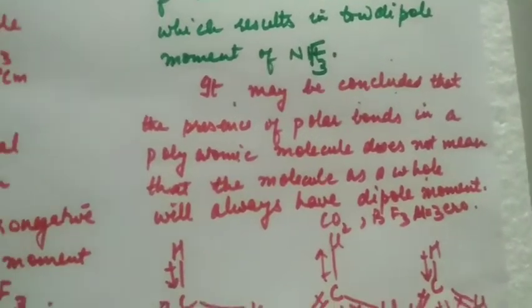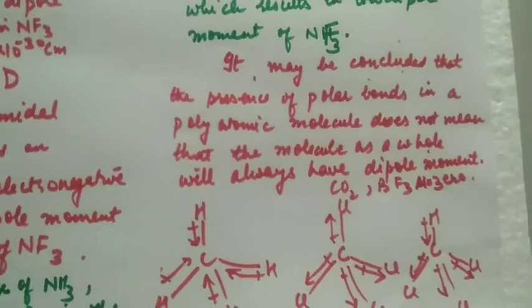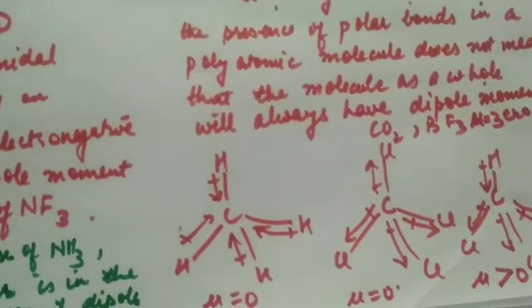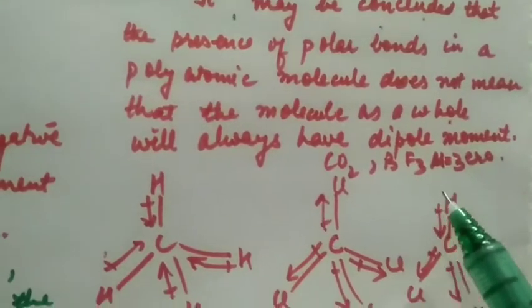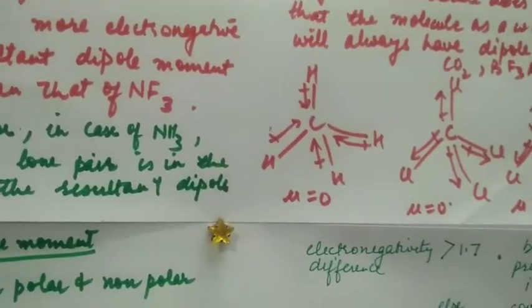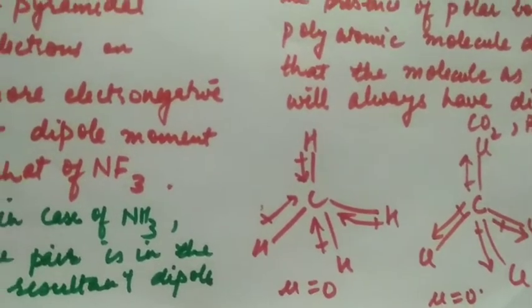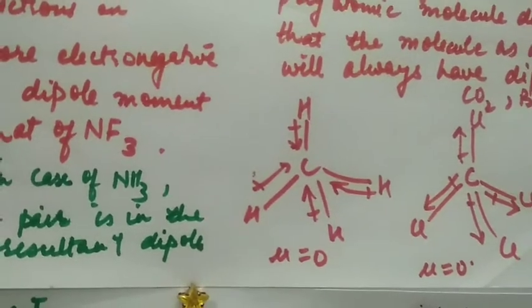It may be concluded that the presence of polar bonds in a polyatomic molecule does not mean that the molecule as a whole will always have a dipole moment. You have seen carbon dioxide dipole moment is 0, BF3 it is 0. In case of methane, the tetrahedral shape also, all the four carbon-hydrogen bonds, though polar, are equivalent to each other.